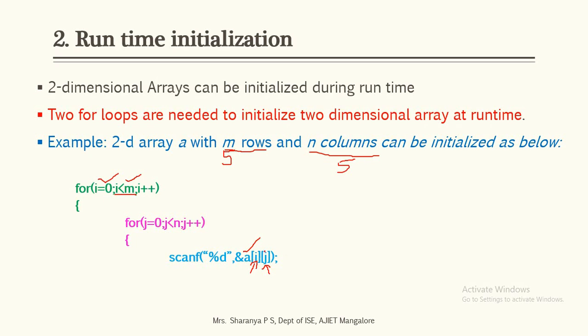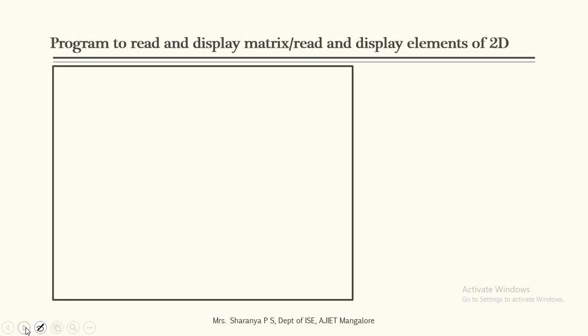So in that particular location, whatever value we are entering will be stored. Like that, we have to process the entire two-dimensional array. That's why we are running the loops here. And next we are closing this main loop. This first for loop is responsible for rows, and the second for loop is responsible for columns.